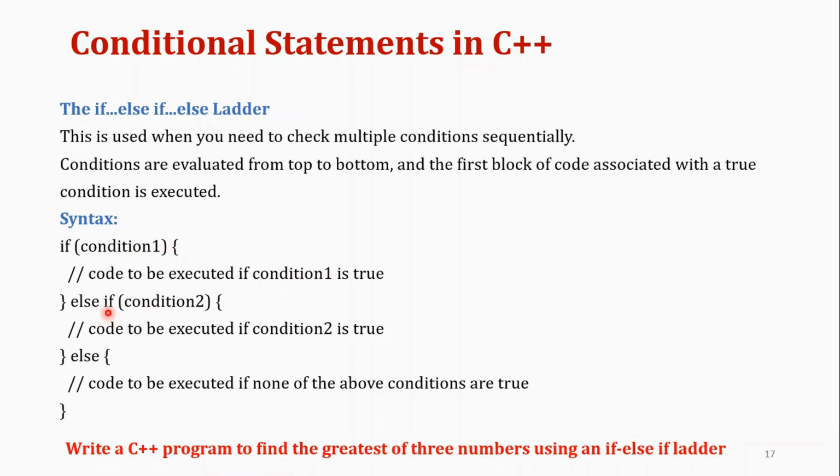Else if b is greater than a and c, b is the greatest. If both conditions fail, a is not greater and b is not greater, so c will be the greatest. You can club the two conditions in the check. If both conditions fail, the third number is definitely the greatest. That is the greatest of three numbers using an if else ladder.